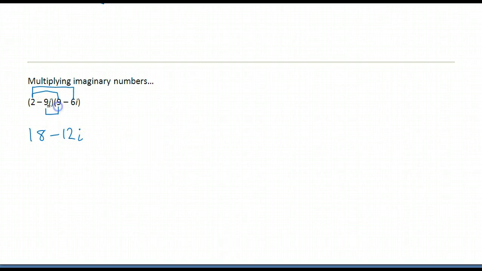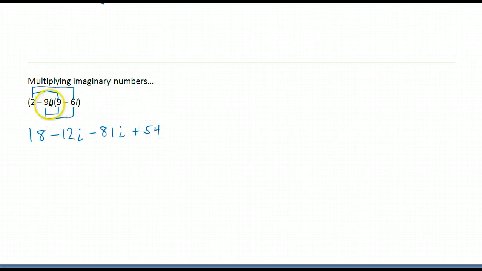Negative 9i times 9 gives me negative 81i. And a negative 9i times a negative 6i gives me, well, a negative times a negative is a positive, 9 times 6 is 54.